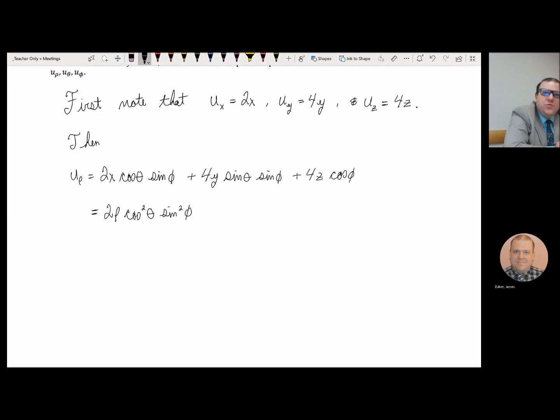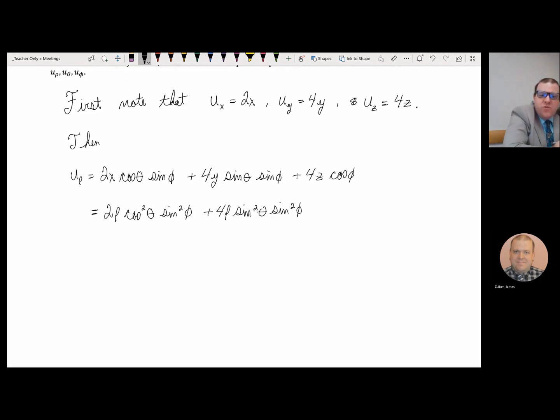The first term will become 2 rho cosine squared theta sine squared phi. y is rho sine theta sine phi.